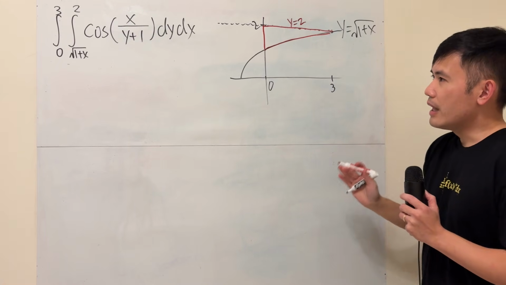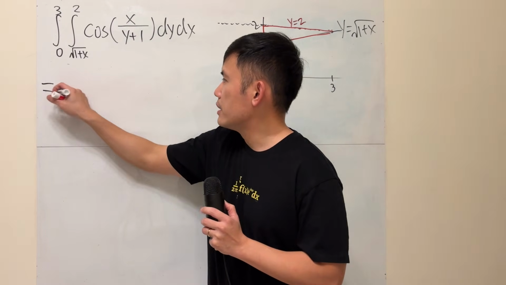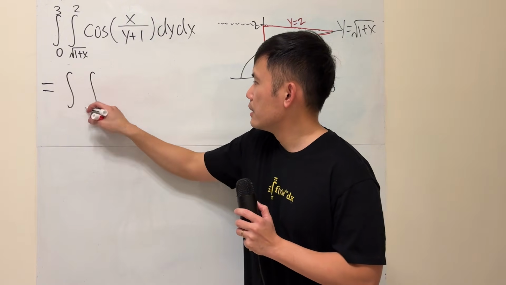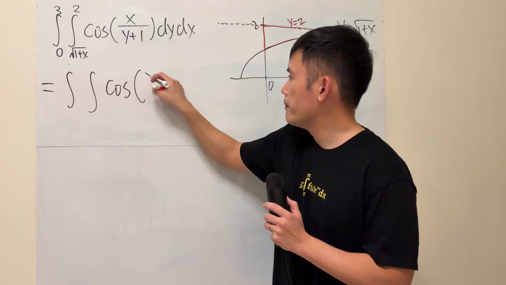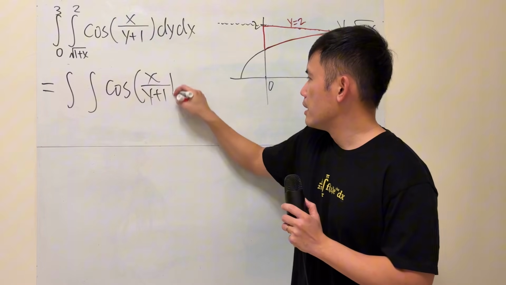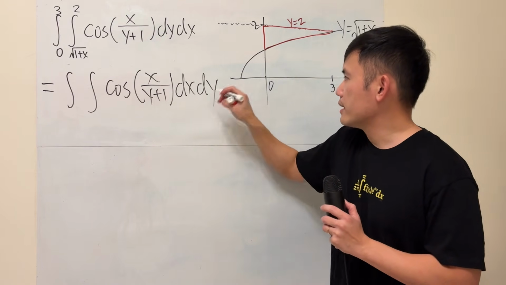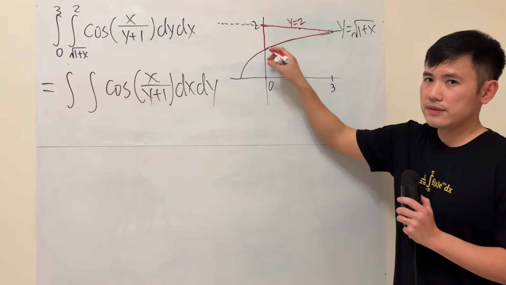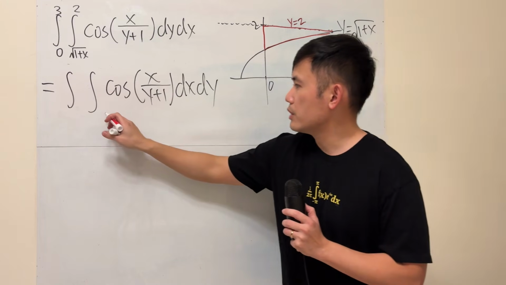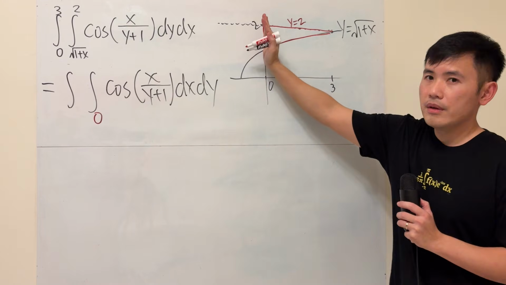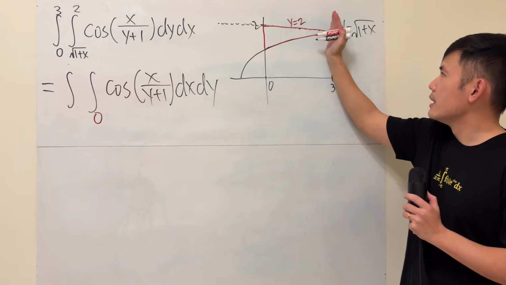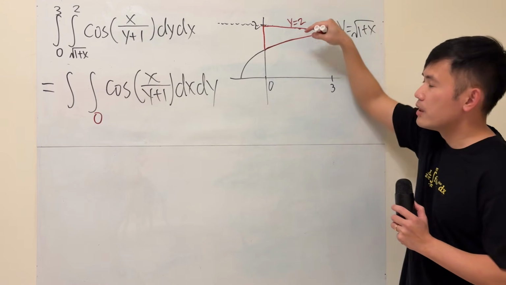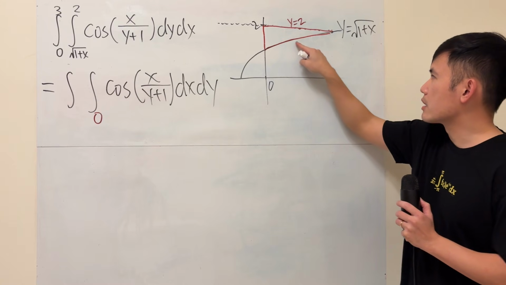Okay. Now, if I want to switch the order of integration, I want dx going first. Right? So the inside stays the same. And then dy next. For dx, we have to look at the starting x value, which is at 0. Good. Now we have to go up to what? Not to 3 though, because the x from here to here changes depending on what this curve is, right?